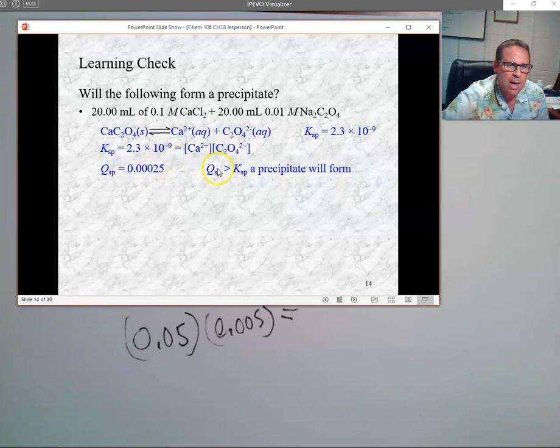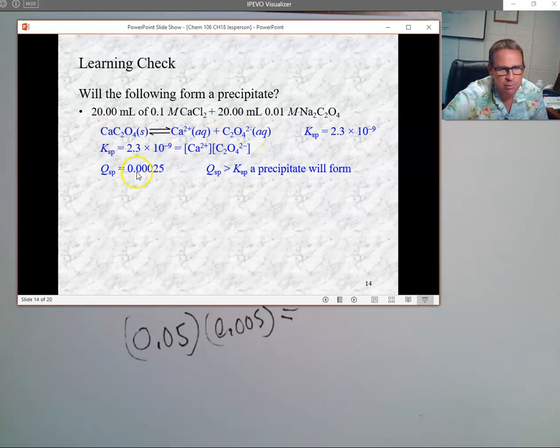And because that is smaller than K, a precipitate won't form. Or sorry, it's larger. It's much larger. 2.5 times 10 to the minus 4 is larger than 2.3 times 10 to the minus 9, so a precipitate will form.